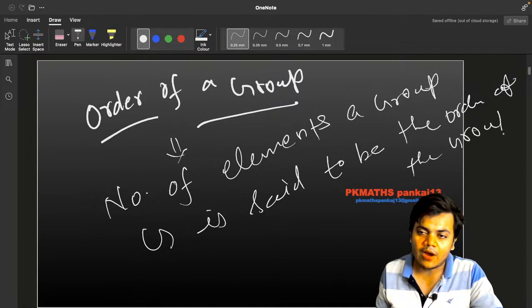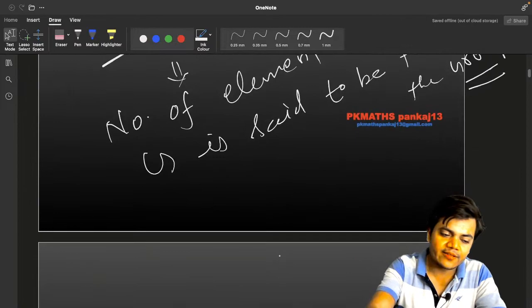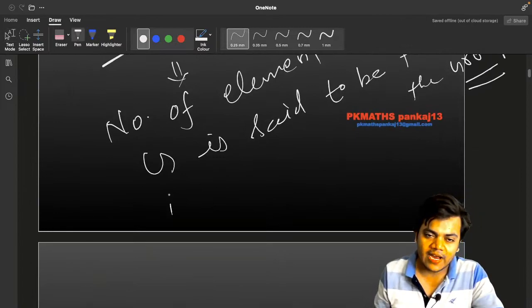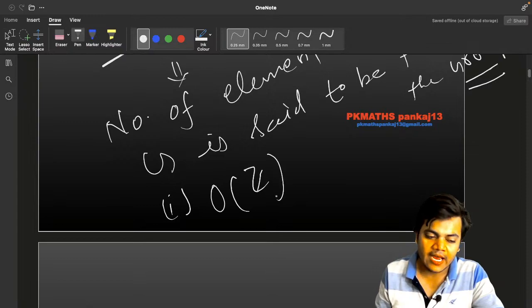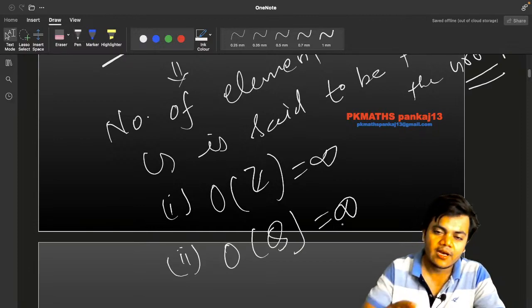Now let's discuss some well-known groups and their orders. If I ask you about the order of the group Z, the set of integers with respect to addition, then certainly it will be infinity, because there are infinitely many elements in Z. Similarly, the order of the group Q will be infinity.